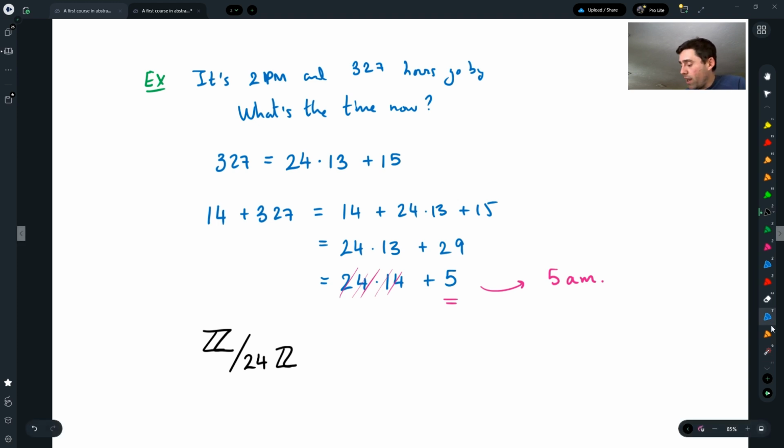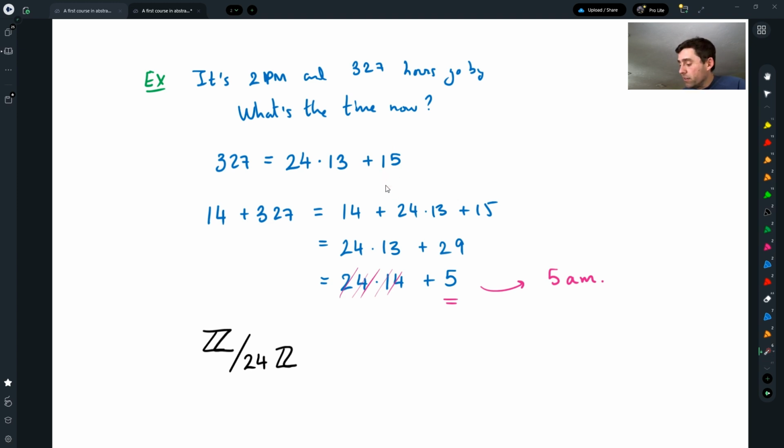Instead of 327 hours, I divided by 24. I don't care how many days have gone by. What I care about is the remainder after I divide by 24.